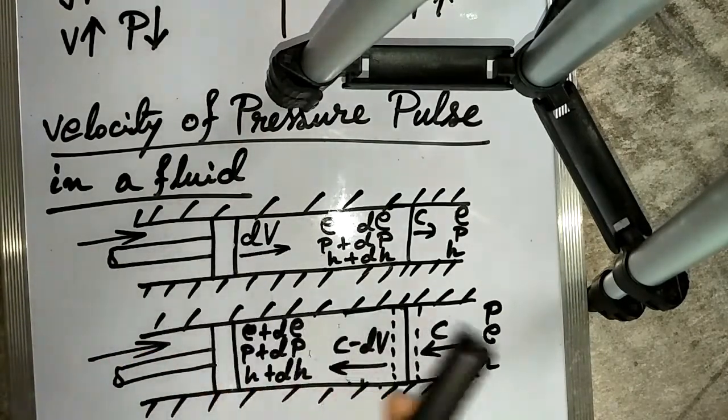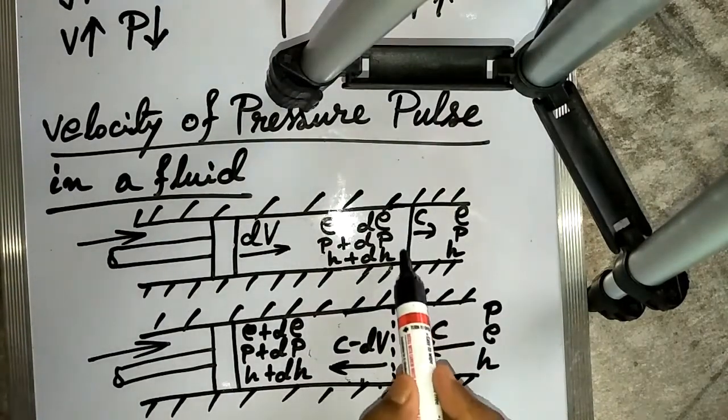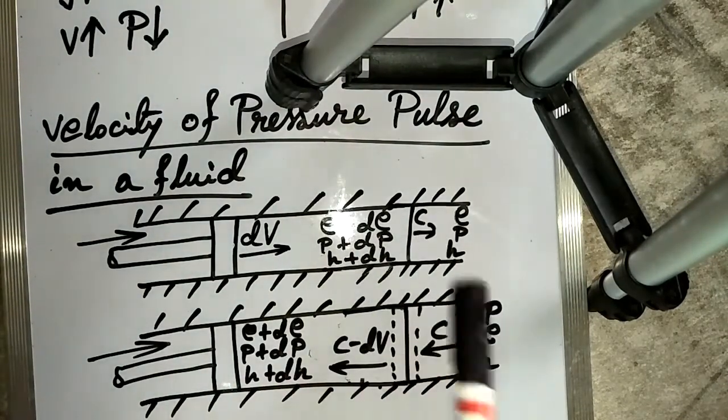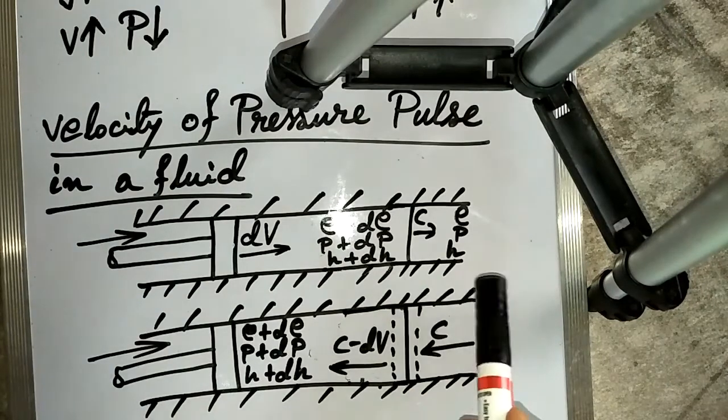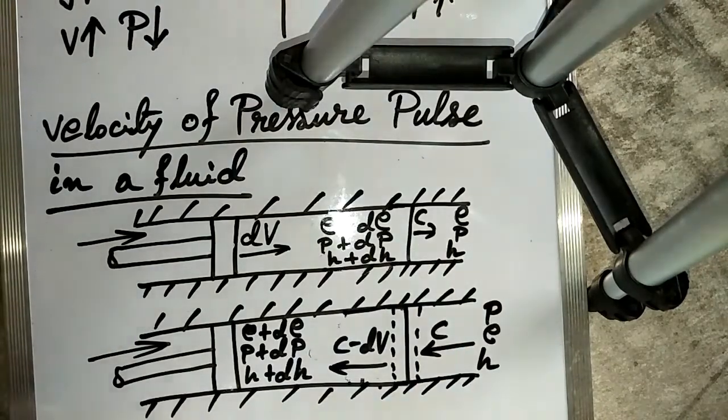A pressure wave is generated here. This line is the pressure wave, which moves at a velocity c towards the right, and beyond that, this is the wave front.